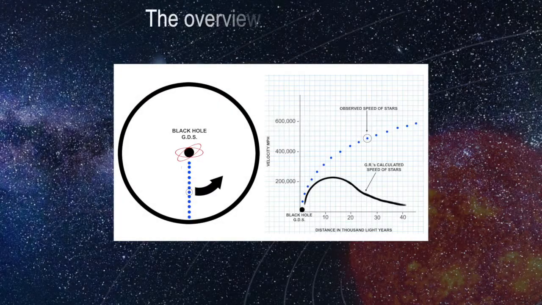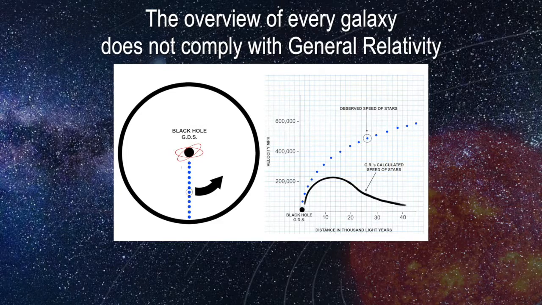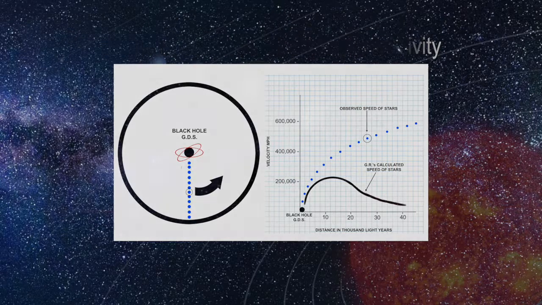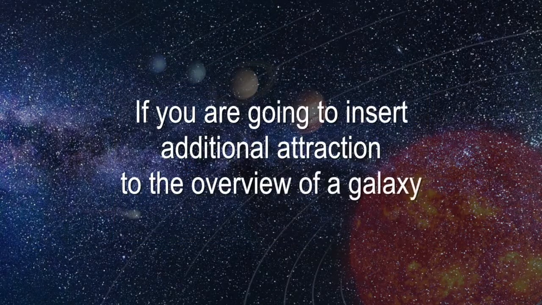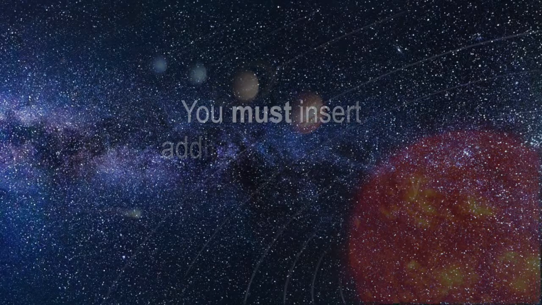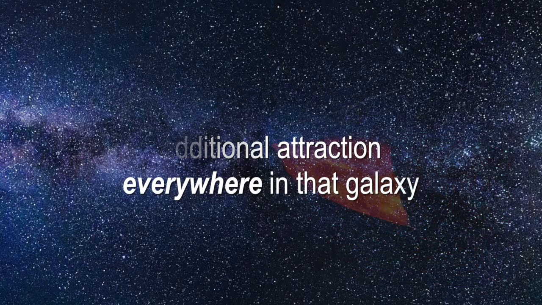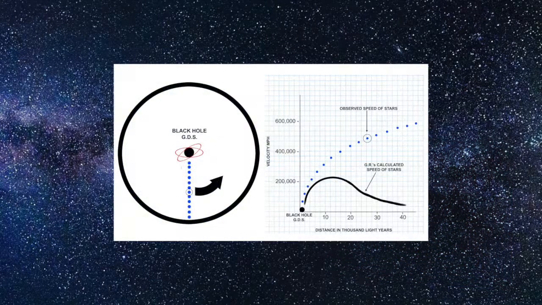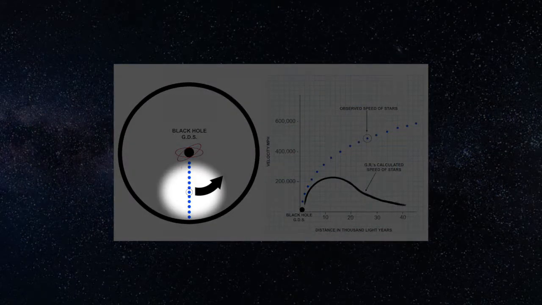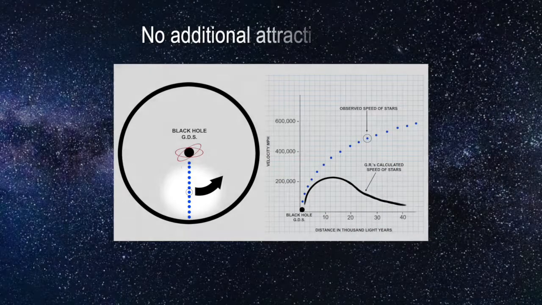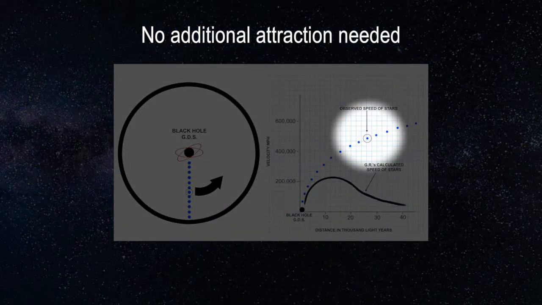But the overview of every galaxy does not comply with general relativity. If you're going to insert additional attraction to the overview of a galaxy, you must insert additional attraction everywhere in that galaxy. The graphs show the need for dark matter near the solar system, circled, where we know there is no additional attraction needed.